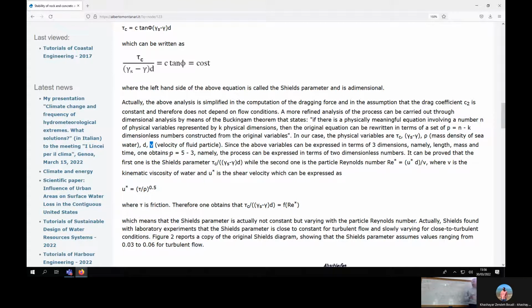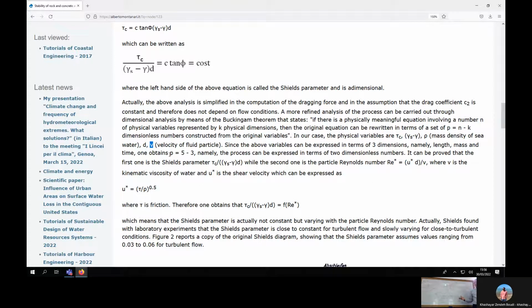So, Shields' experiments and Shields' reasoning, by recognizing that there are two dimensionless numbers governing this process, through experiments, he came to the conclusion that under turbulence just one of them governs the process, which is the Shields number.